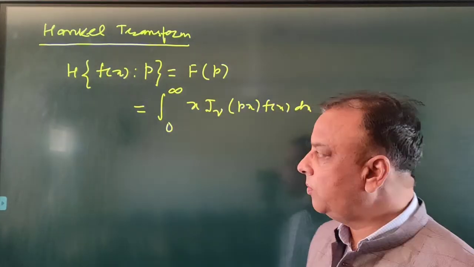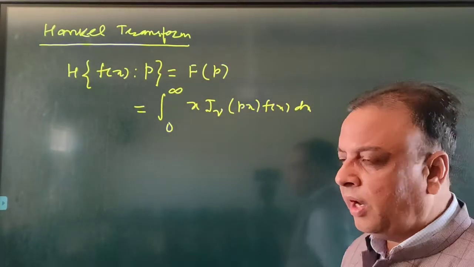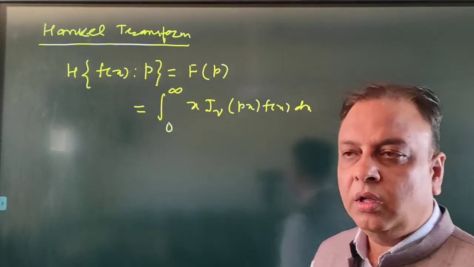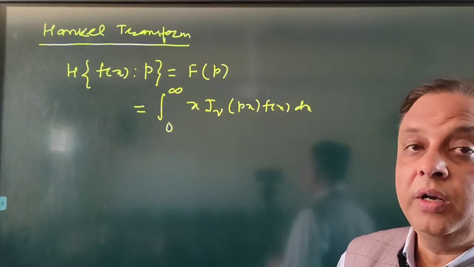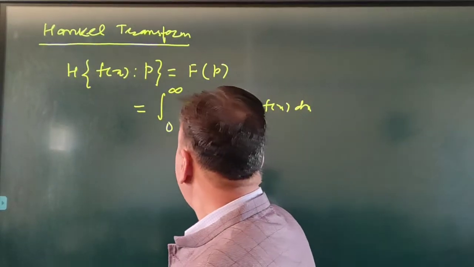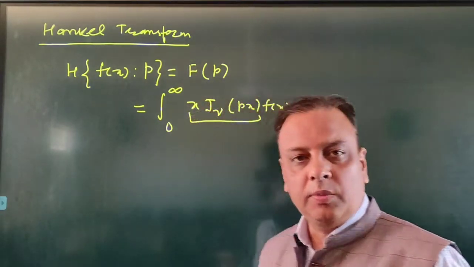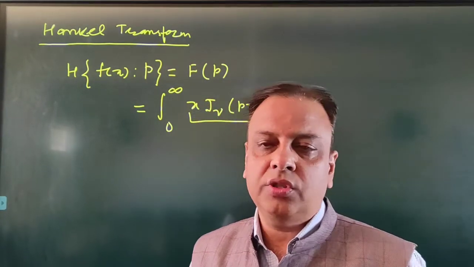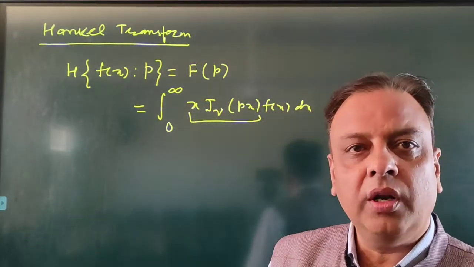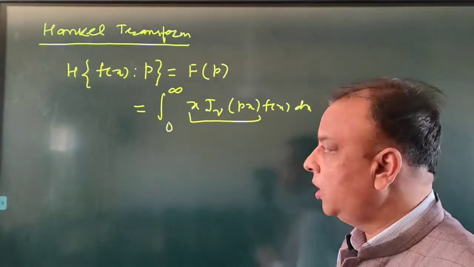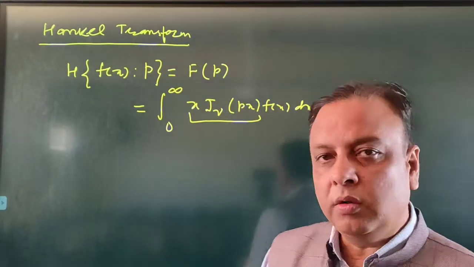In the Hankel transform, we see that the well-known Bessel function is involved, the Bessel function of order nu. Here x J_nu(px) is the kernel of the transformation, and J_nu(px) is the Bessel function of order nu. So here the order of the Bessel function is involved.